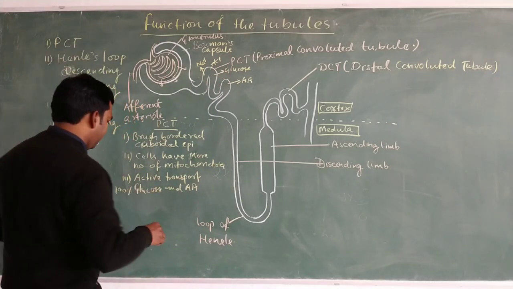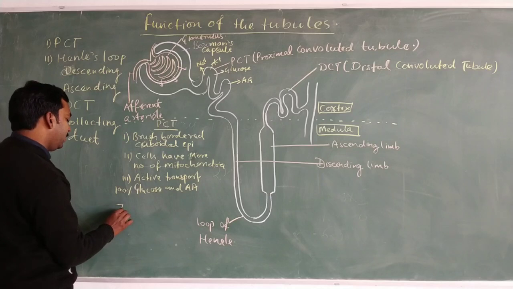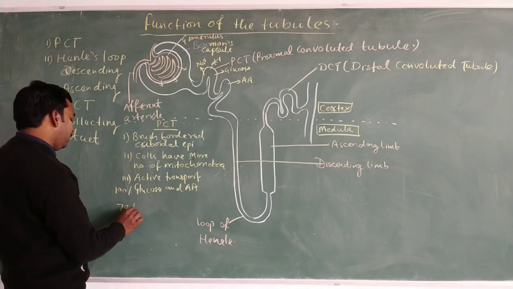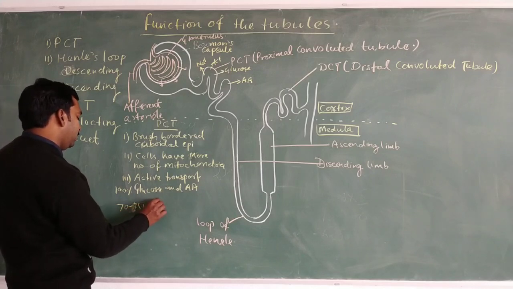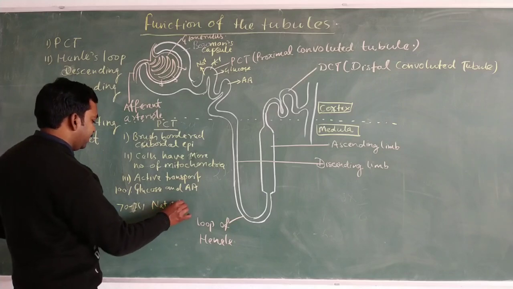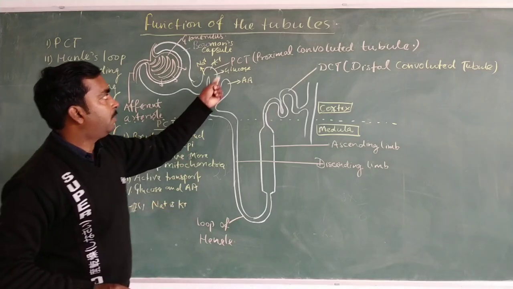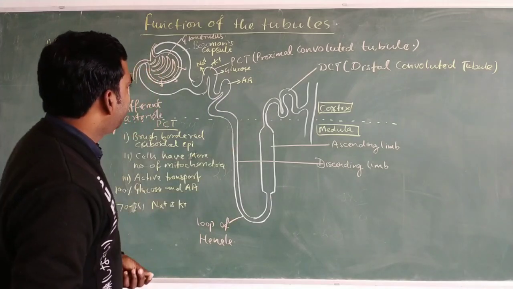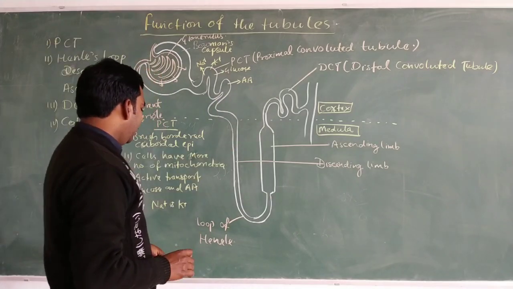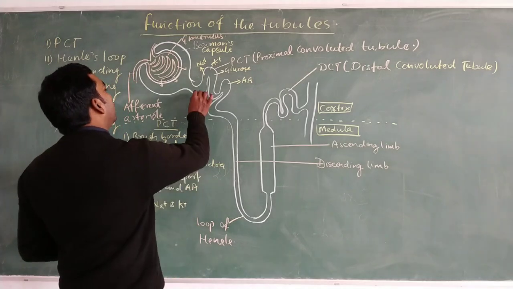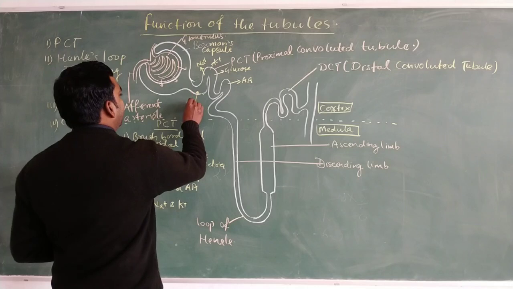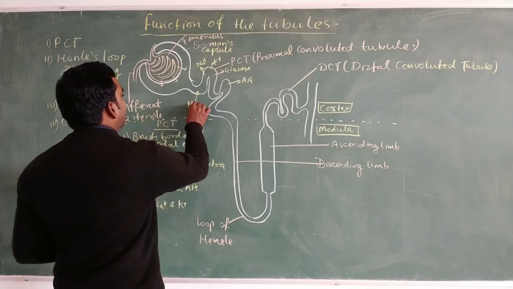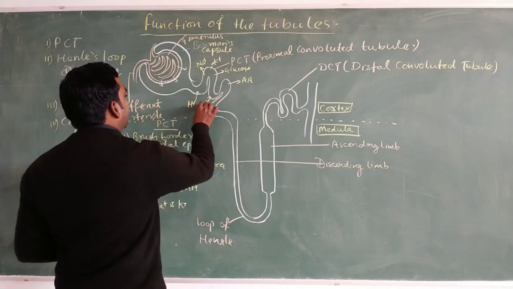While 100% of glucose and amino acids get reabsorbed, about 70 to 75% of sodium and potassium ions get reabsorbed in the PCT region. It also releases hydrogen ions and ammonia.